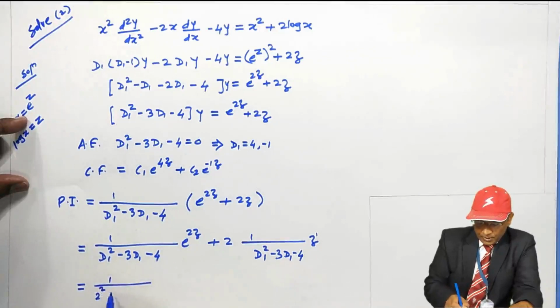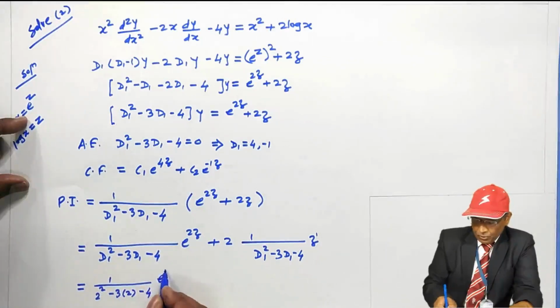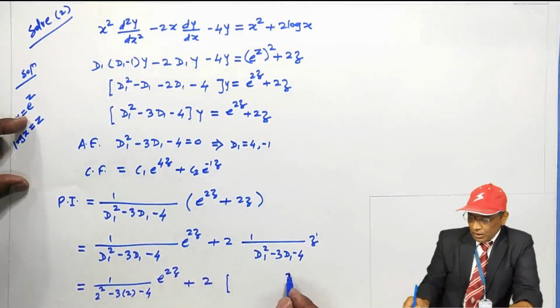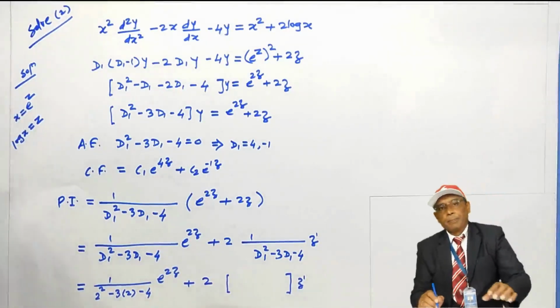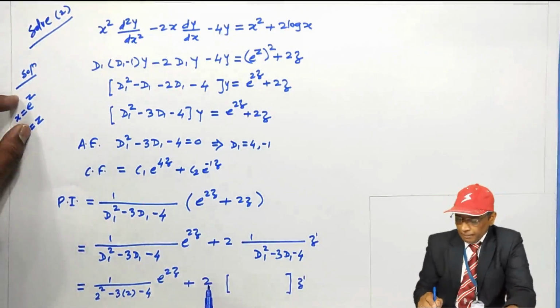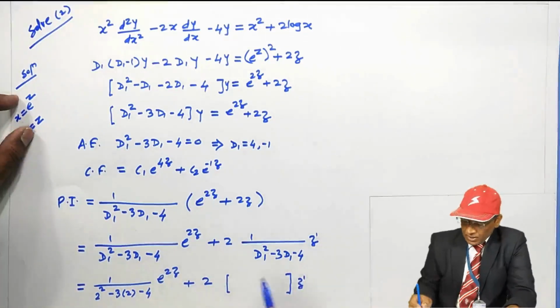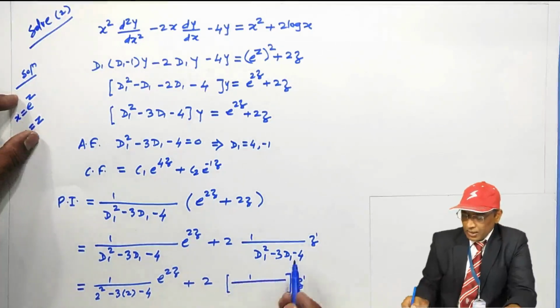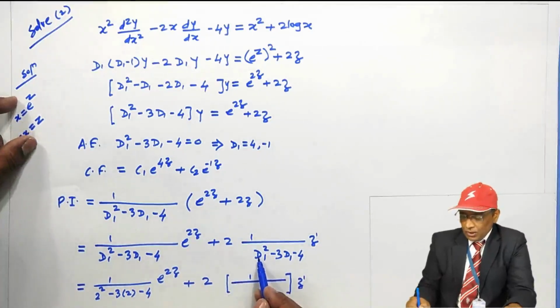2 squared minus 3 into 2 minus 4, into e to the power 2z, plus. So how to operate the operator on x to the power 1 or z to the power 1, an algebraic function? What did I tell you? Take the lowest degree term outside. Degree of this term is 2, degree of this term is 1 and degree of this term is 0.